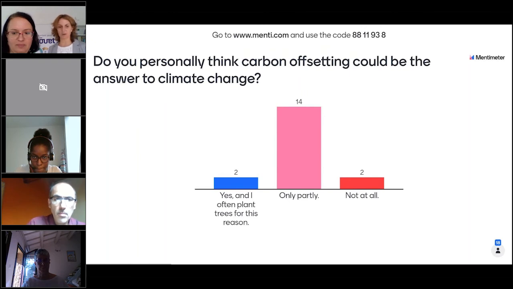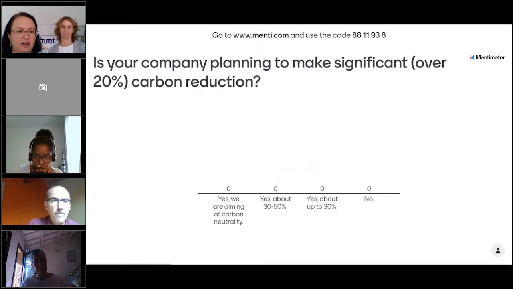We also used to recommend to companies that carbon offsetting is not the first step. The first step is reduction as much as possible, and then, where that is not possible, they can move on to carbon offsetting. Can we move on? We've got 18 answers. Okay.